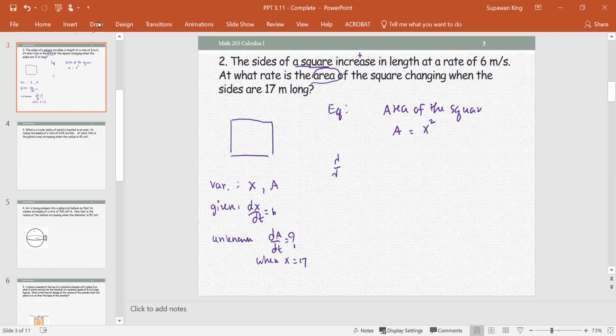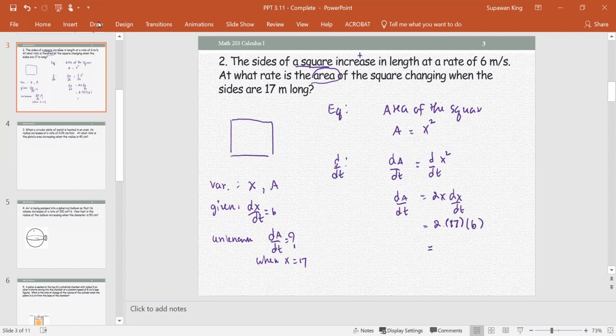Next, we find the derivative with respect to time, or do implicit differentiation. We get dA by dt equals d by dt of x squared, or 2x multiplied by dx by dt, which is the formula for dA by dt. The problem asks you to find the rate of the area, dA by dt, so use the known information: x is 17, so 2 times 17 multiplied by dx by dt, which is 6.